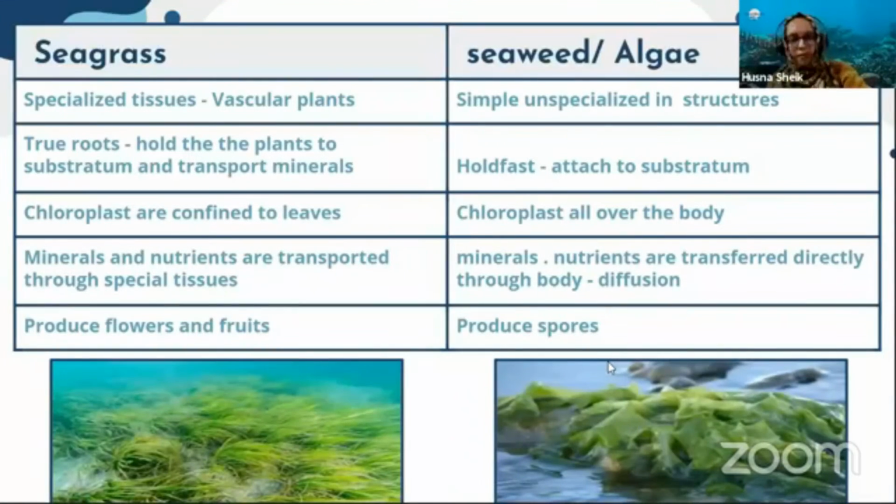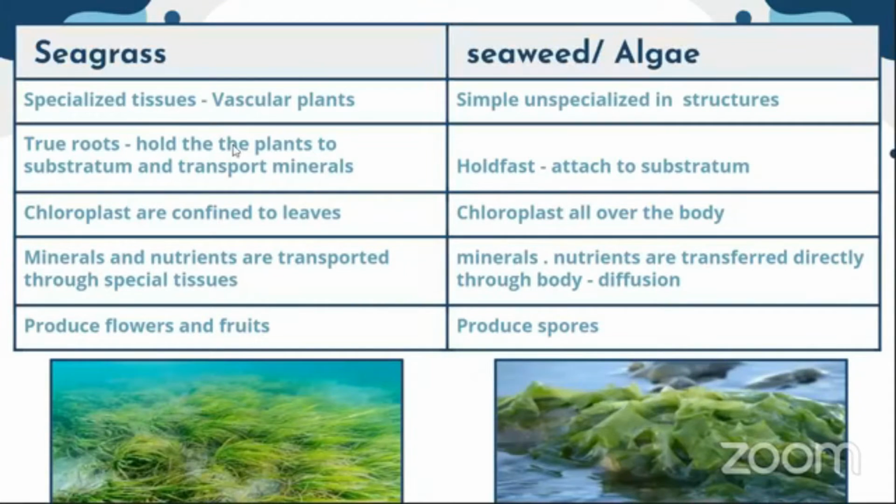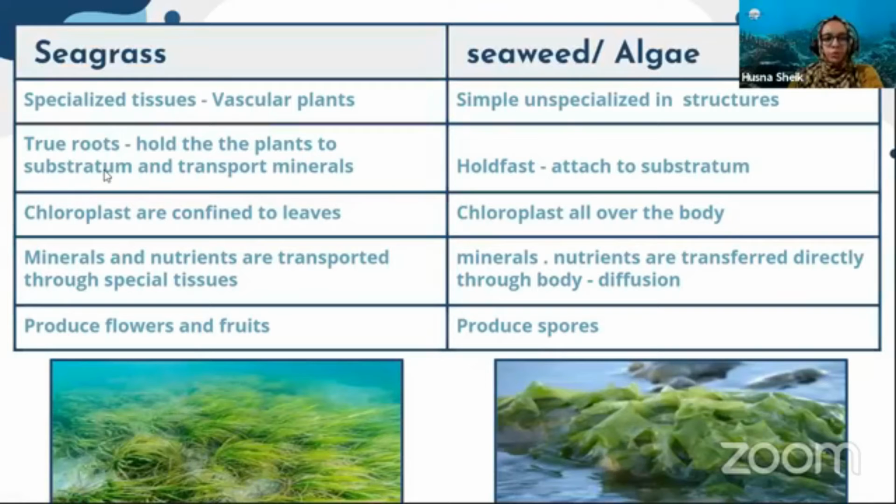So here we have a comparison chart. Seagrass, see the pictures below. Seagrass have specialized tissues, and they are vascular plants. Seaweeds have simple, unspecialized structures, a bulk, a piece of green you can see. When it comes to roots, seagrass have true roots, and through that they transport minerals.